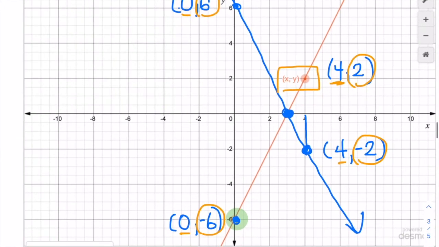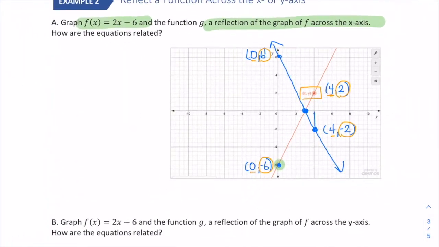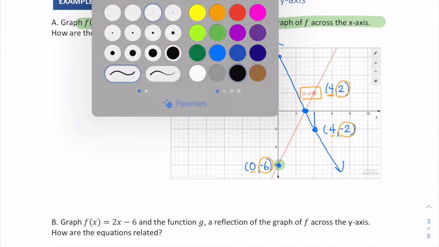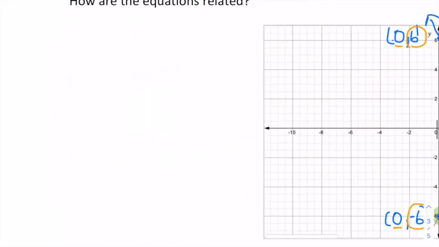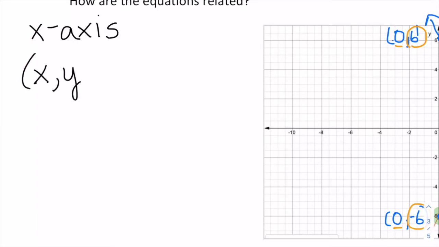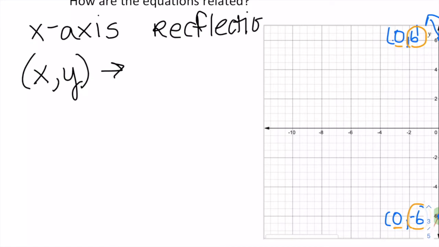So for a reflection, all the coordinates are going to stay the same except for the y value. So I'm going to write this general rule that when you have a reflection on the x-axis, a point that's x, y is going to change into x, negative y.